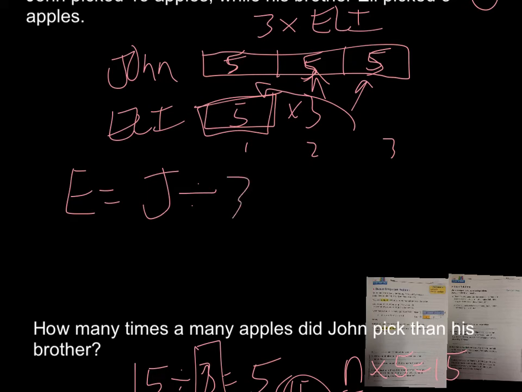And then we know that J was 15, so 15 divided by 3, and you know E would be 5. Kind of where we started. We already know the E and the J in this. So this would be a possible equation that would work for this.